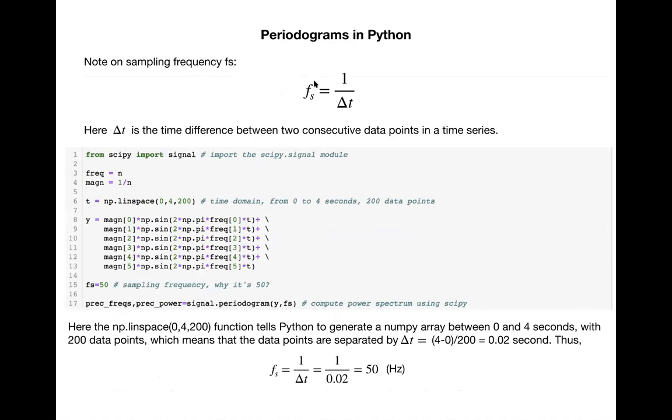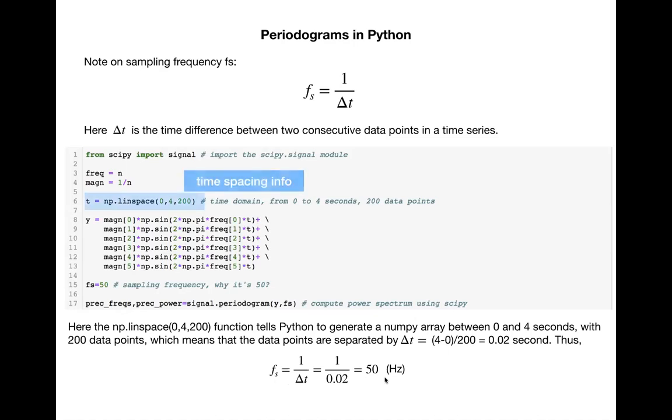So you just estimate the delta t based on your time series. In here, it's 4 seconds divided by 200 points, and that's 0.02 seconds. So the sampling frequency is 1 over 0.02, which is 50 hertz.